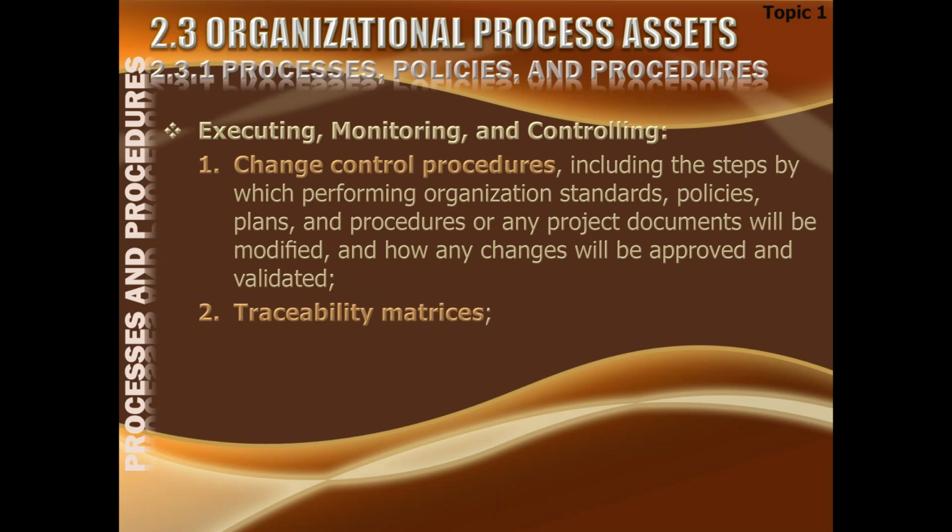During execution and monitoring and control, we could use the change control procedures, which include the steps by which performing organization standards, policies, plans, and procedures, or any project documents will be modified, and how any changes will be approved and validated. Then we have traceability matrices.